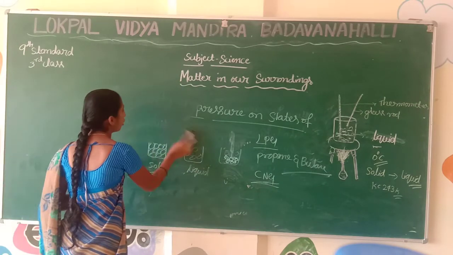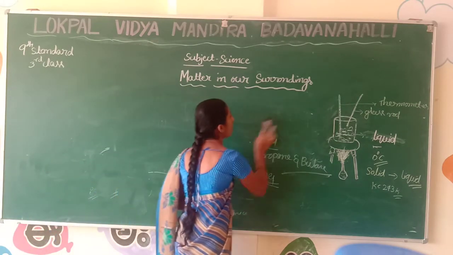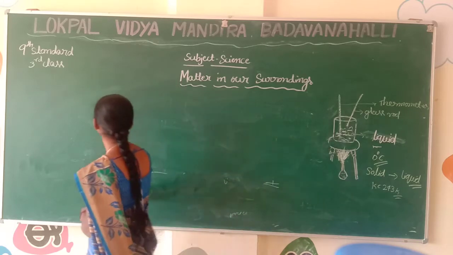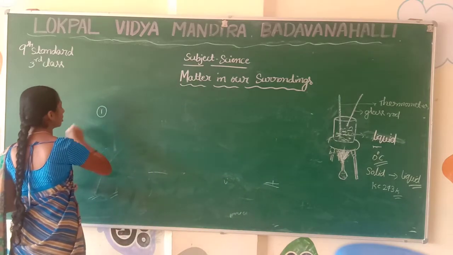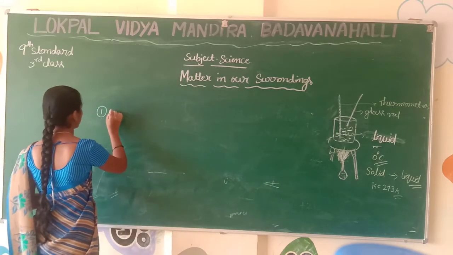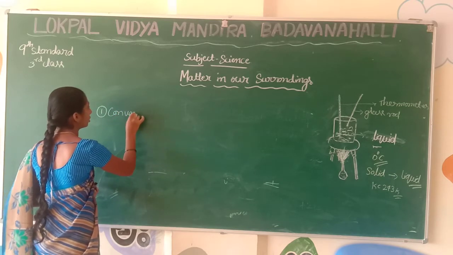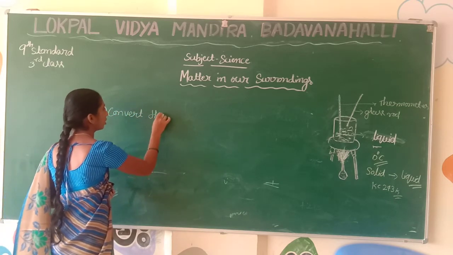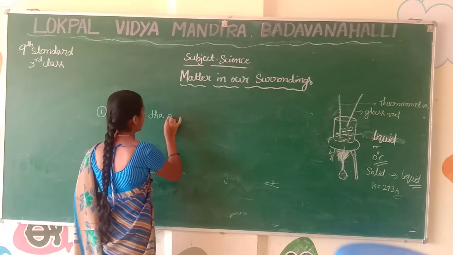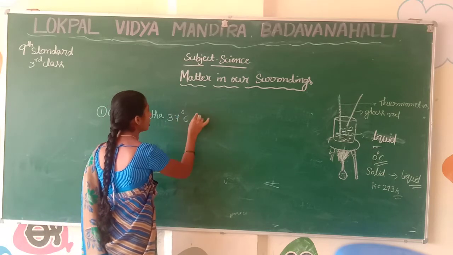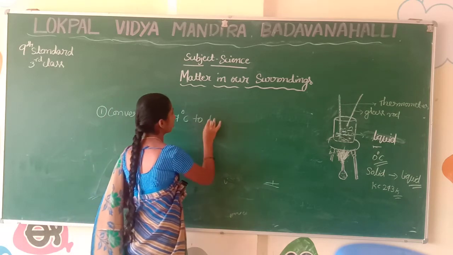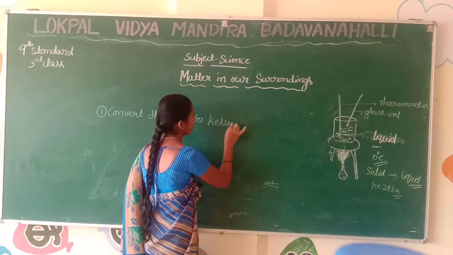All of you take down your notebook and write down the questions. First one, convert 37 degrees Celsius to Kelvin.